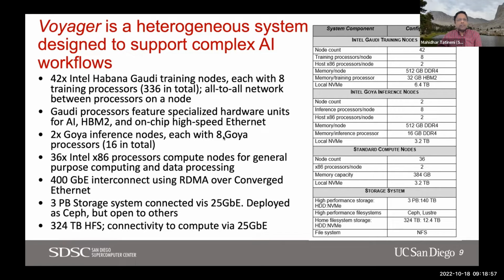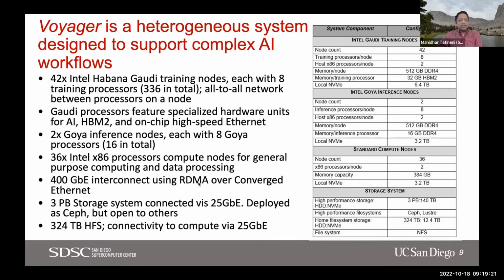The Gaudi processors feature specialized hardware units for AI, and they have HBM2 memory and on-chip high-speed Ethernet. Details are coming in the coming slides. And we have 2 Goya inference nodes, each with 8 Goya processors, so 16 total.